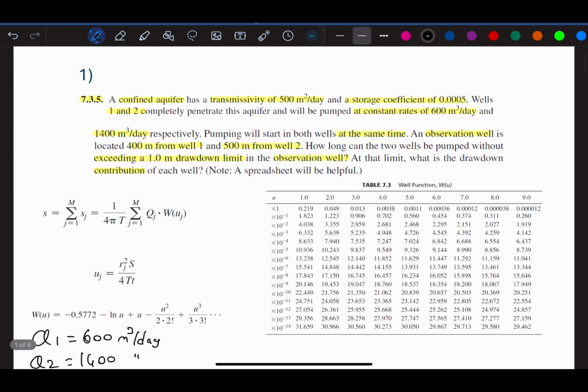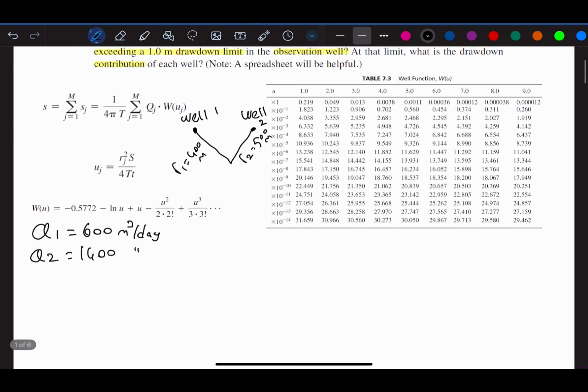Here, let me draw a basic sketch. Here we have well 1 and well 2, and they have some distances from the observation well. So R1 is 400 meters and R2 is 500 meters.